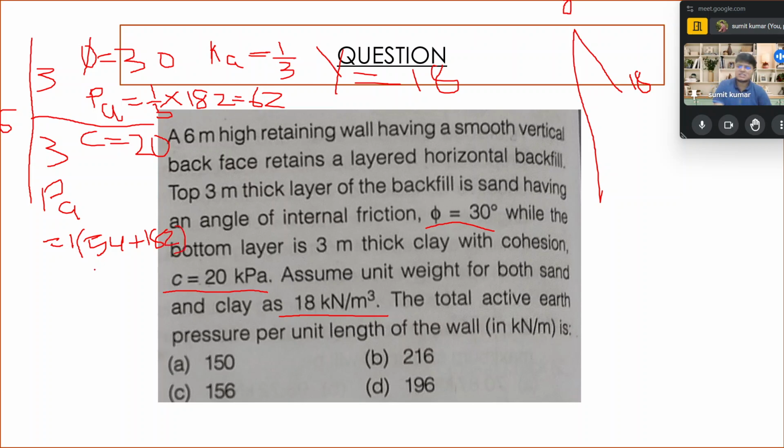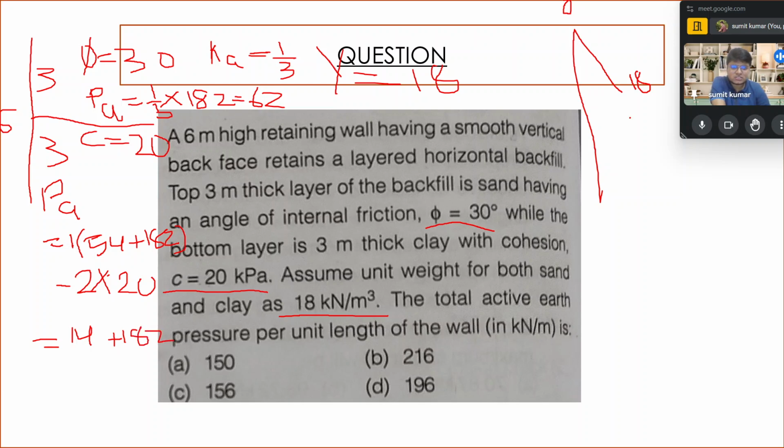I think the things are clear since I have solved the last problem. It is solved in a similar manner. Minus 2C root K, C is 20 and K is 1 only. So this is also going to be 54 minus 40, that is 14, so 14 plus 18Z.